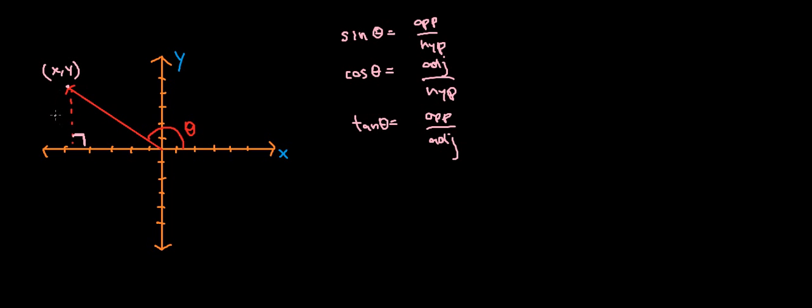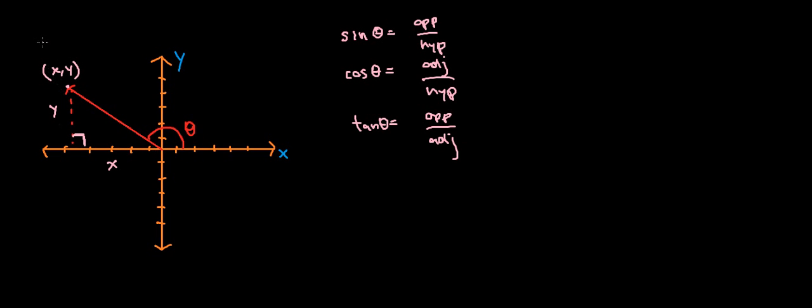I'll just call this y and x, even though I might get a little bit confused. So I don't mean the points, I mean the length of each side. The lengths of these sides are going to be whatever the x and y coordinates are.